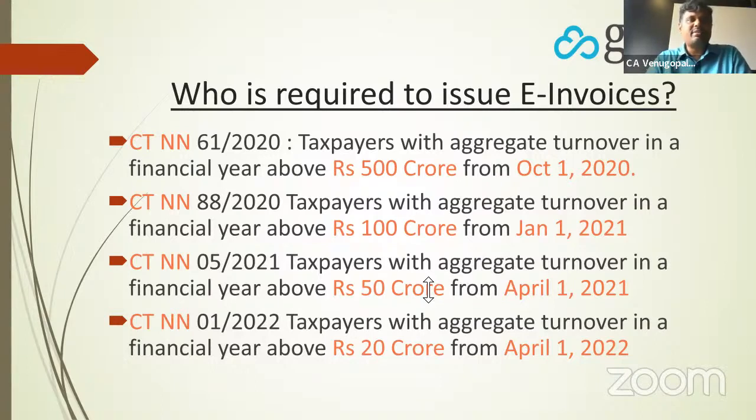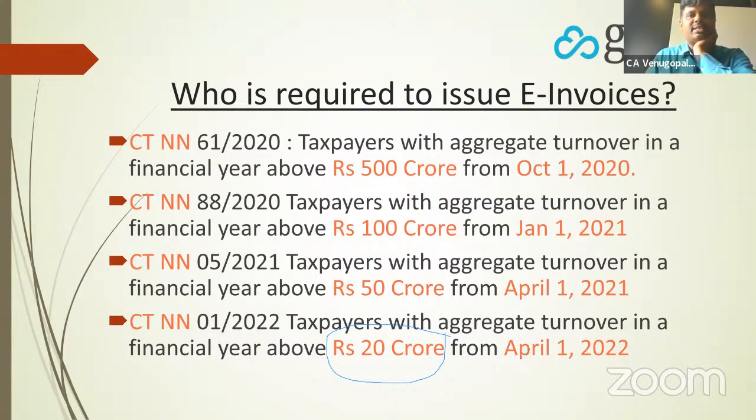However, they generate revenue from renting their auditoriums or some scrap sales, everything. Let's say they have collected 1 crore. Now, one common myth is that because I have 1 crore taxable turnover, which is well below the threshold limit of 20 crores, there is no requirement of e-invoice.